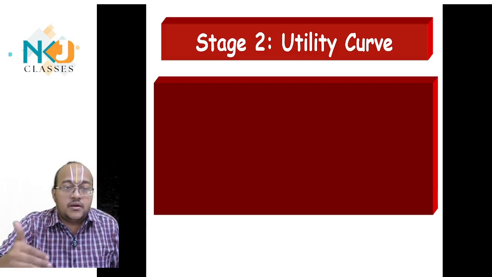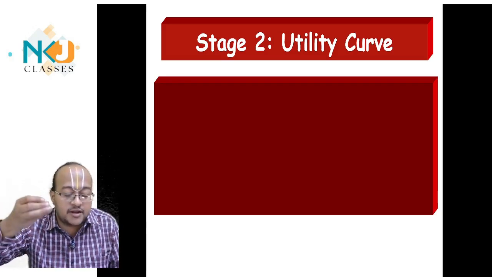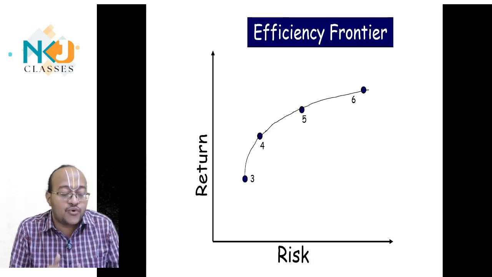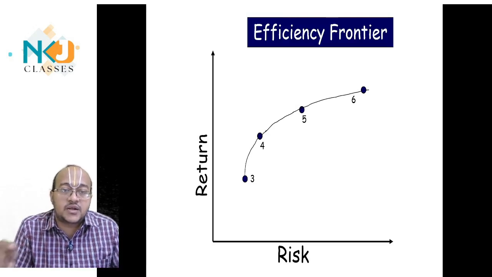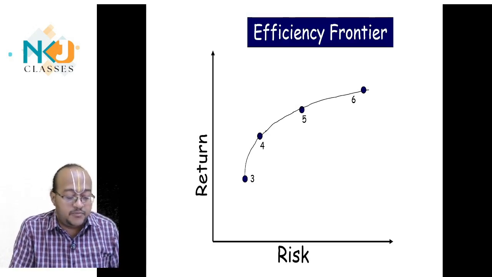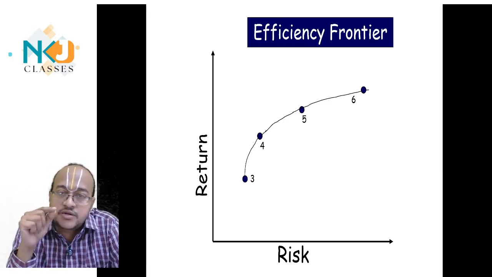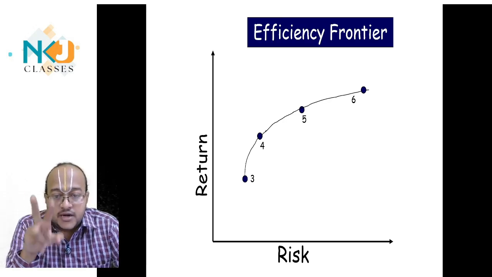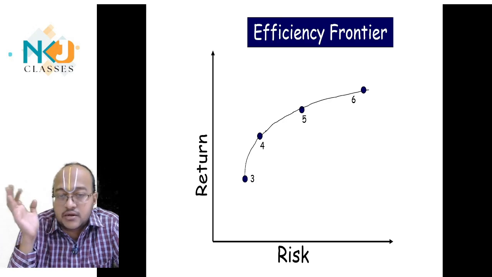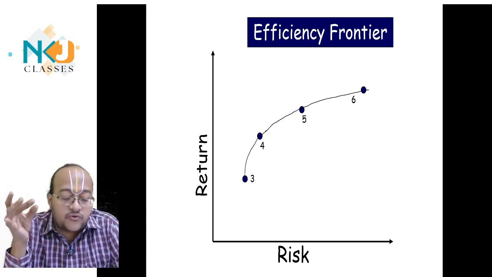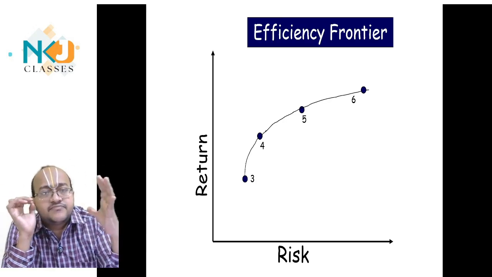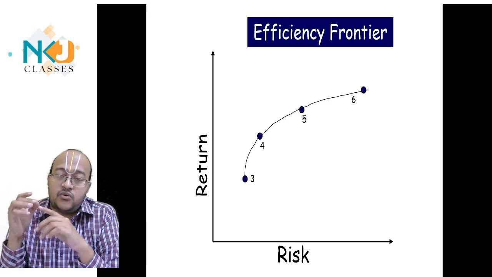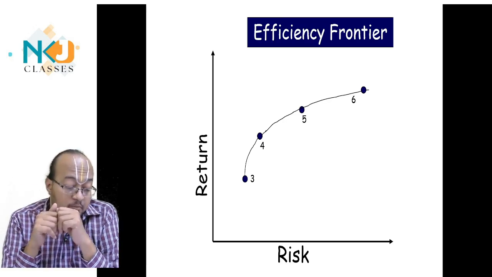For example, in our efficiency frontier example, we have 4 different portfolios which are falling under the efficiency frontier. Portfolio 3 is also forming part of the efficiency frontier. Portfolio 4 is also efficient. We discussed 1 and 2 are inefficient. We removed them. 3, 4, 5 and 6 all are efficient.